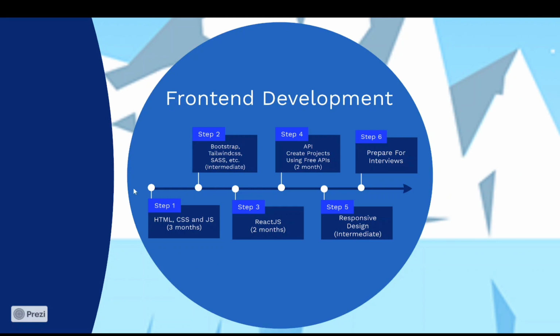Then meanwhile, you need to polish your responsiveness skills. So try to learn concepts regarding responsive design, and I have kept that as intermediate because you need to do that in the entire process, and once you are ready, you can prepare for interviews.